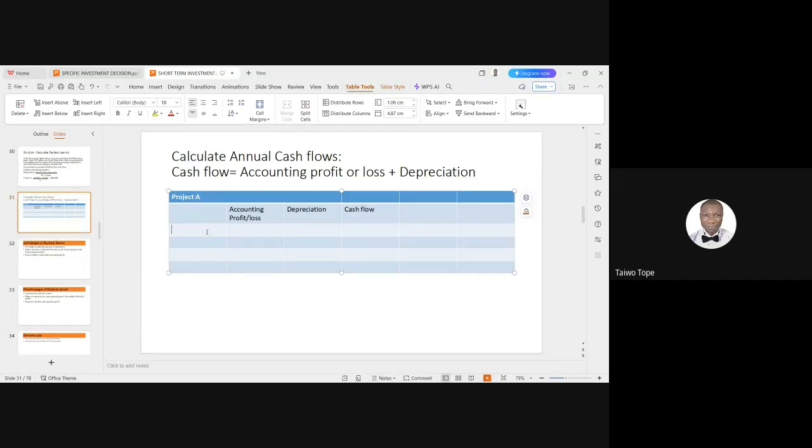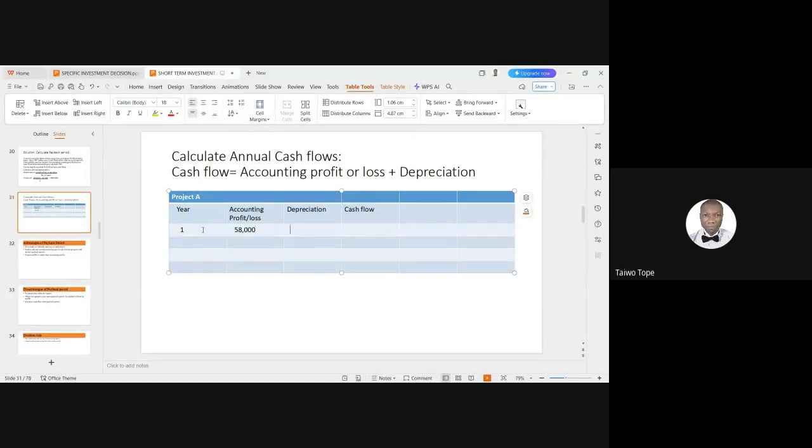For year one, accounting profit is 58,000.